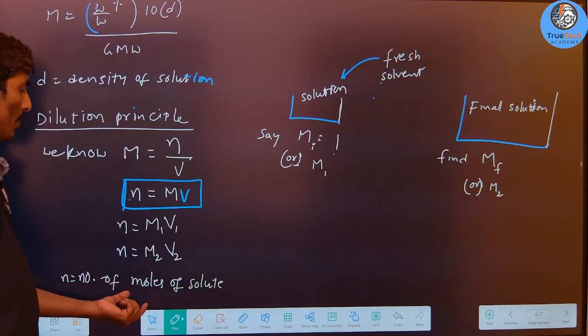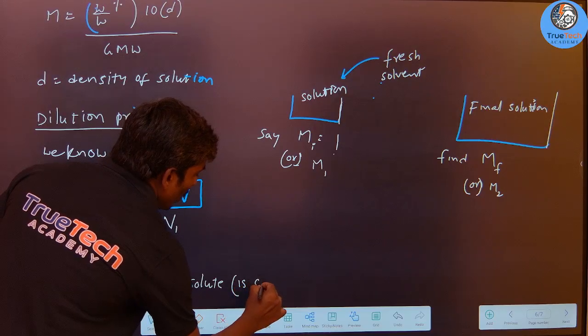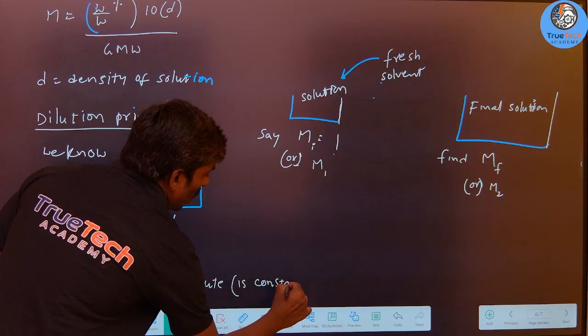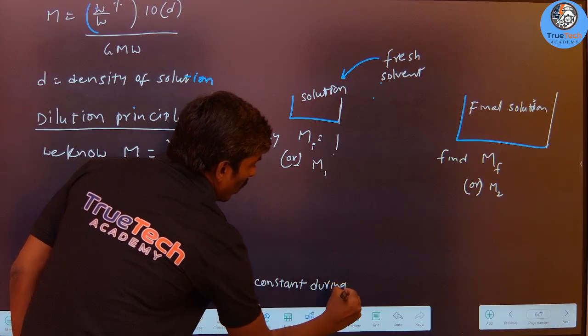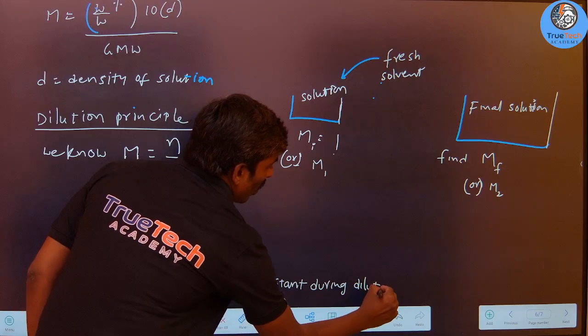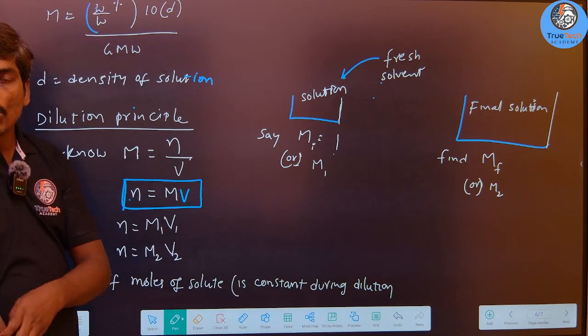So the number of moles of solute is constant during dilution, with no change in the number of moles of solute.